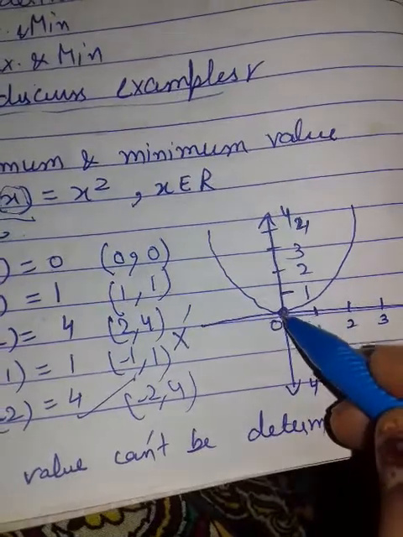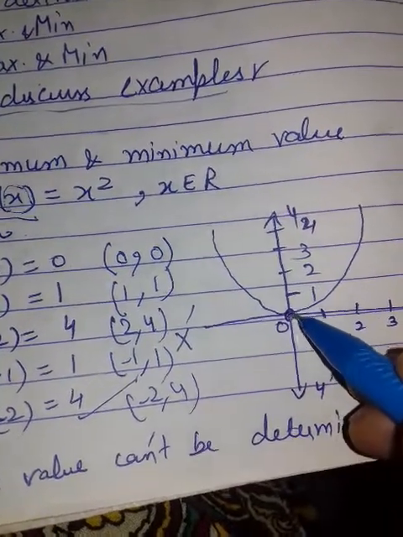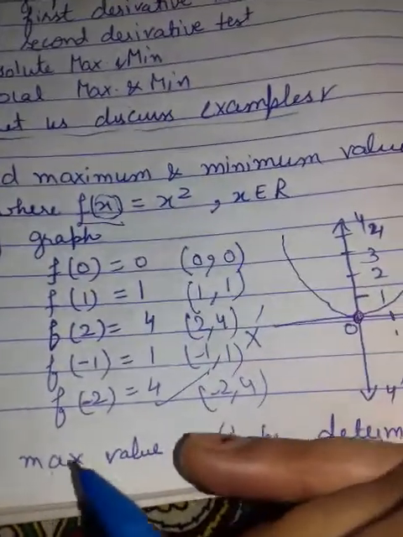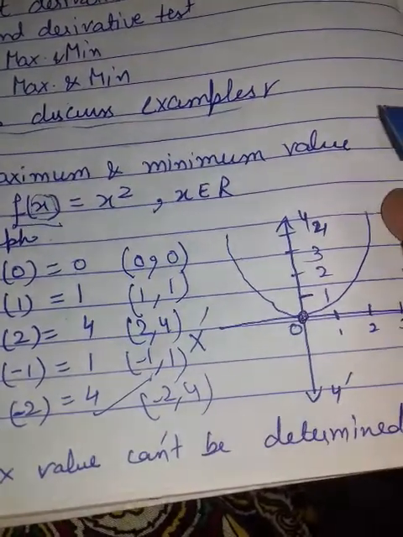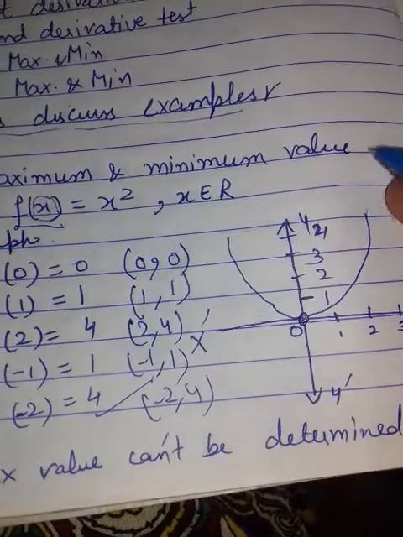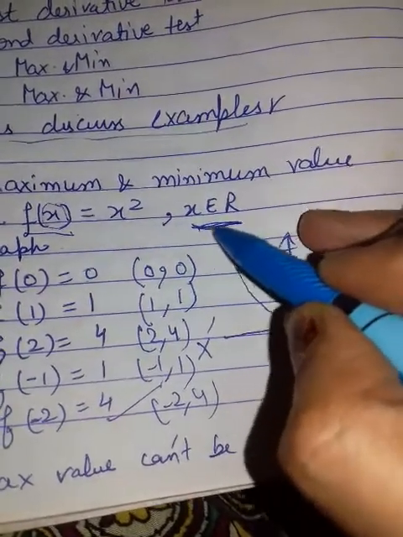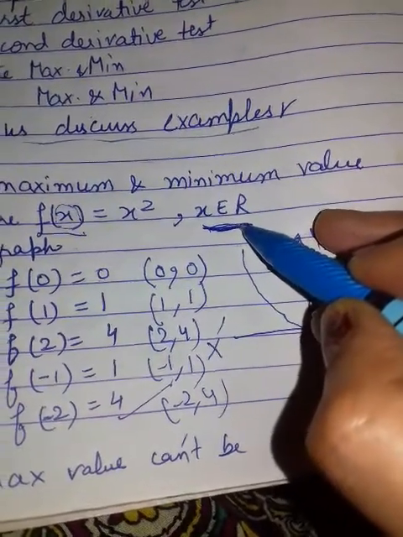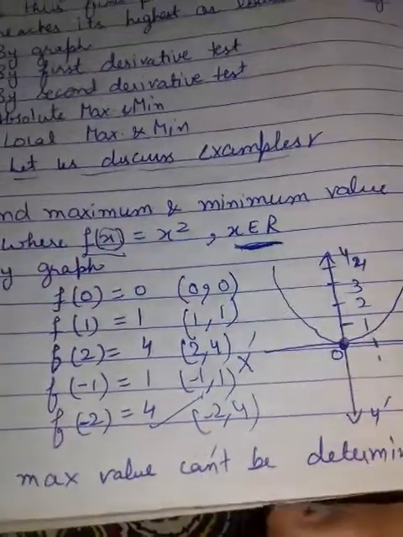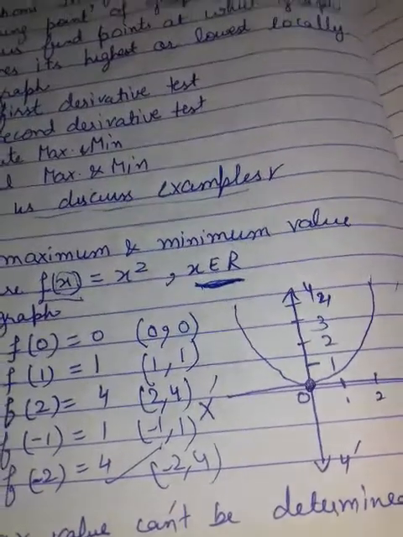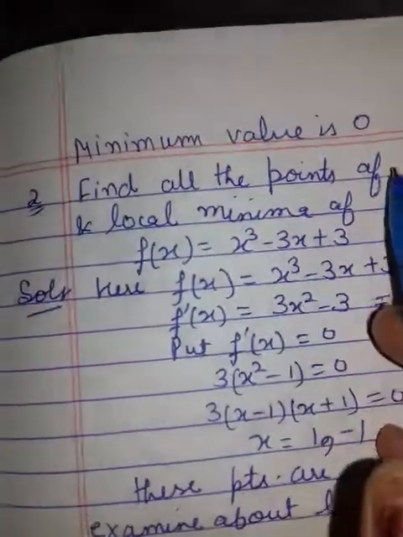Then you will see this is your minimum point. The minimum value is 0, but the maximum value you can't tell because it keeps going on. Your domain is the real numbers, any real number you can put, so it will proceed in this manner. So the maximum value can't be determined, but the minimum value is 0.